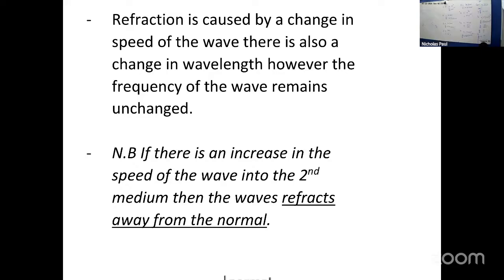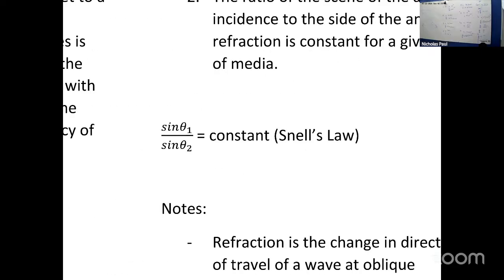So what's the next formula for this? Snell's law, and you have that version as well: n1 sine theta 1 is equal to n2 sine theta 2.